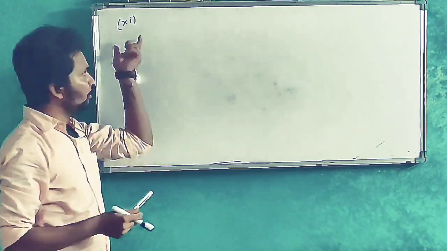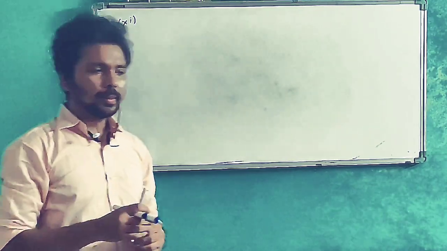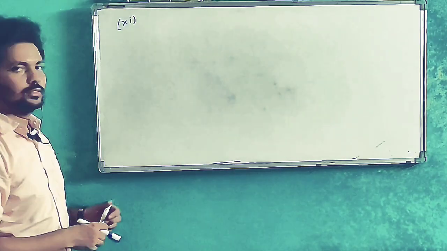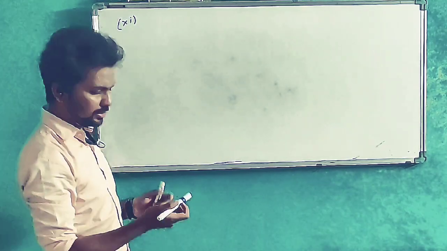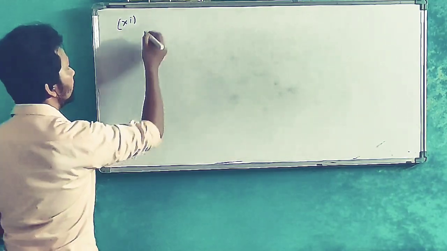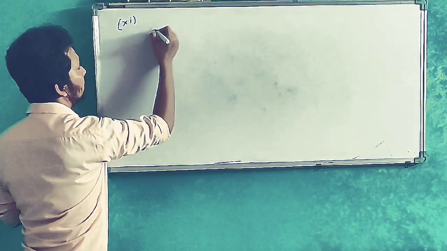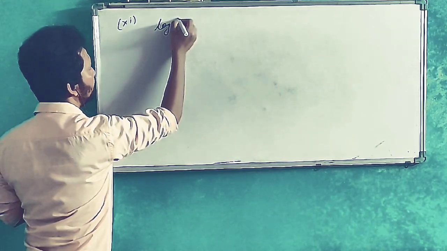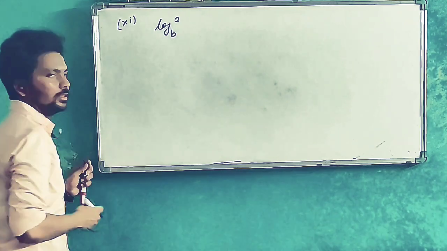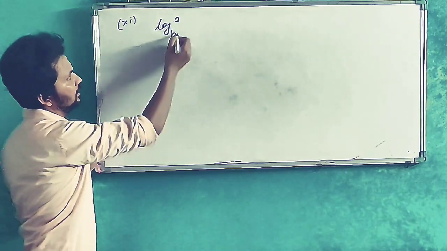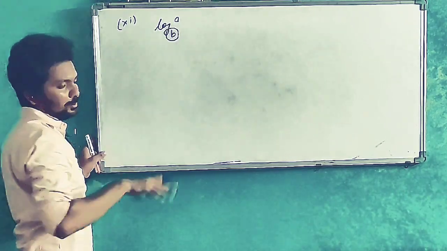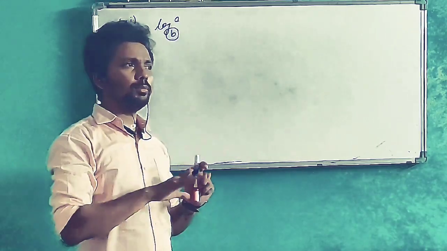This property is also called change of base. Change of base in logarithm. See, if I am having any number as log a base b, here I am having the base equal to b, but I want to change it to some other base also.